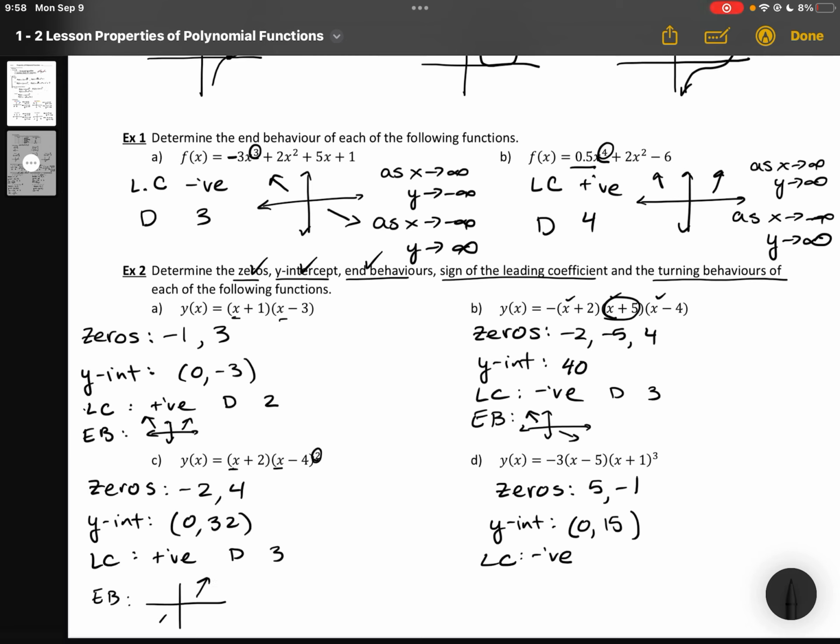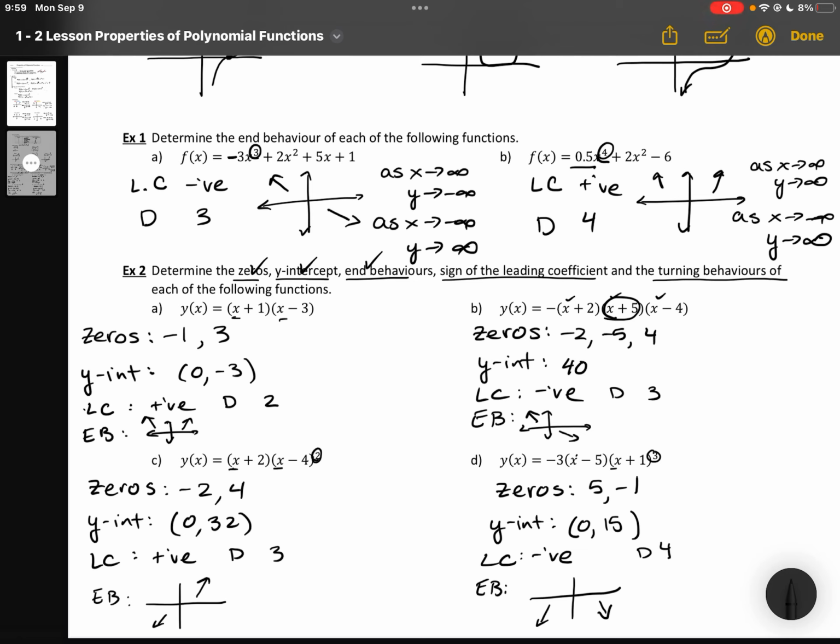So then I'm finishing up to the right. And the last one, I've got 3 x's from that last bracket and then 4. So I actually have a degree 4 polynomial, and it's negative. So that means I've got even negative, so it's opening down.